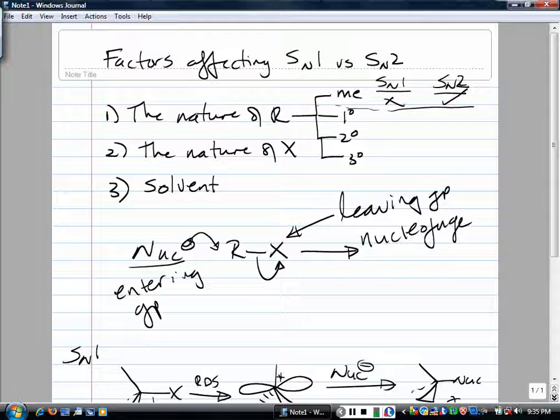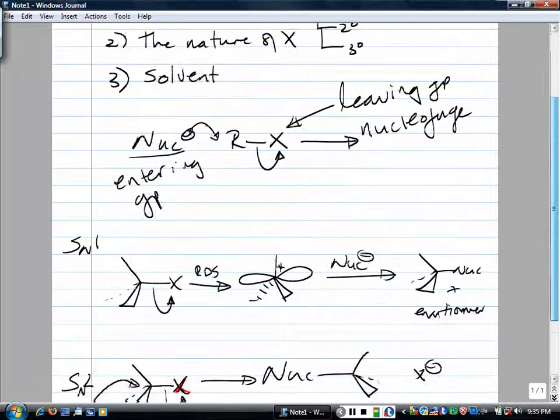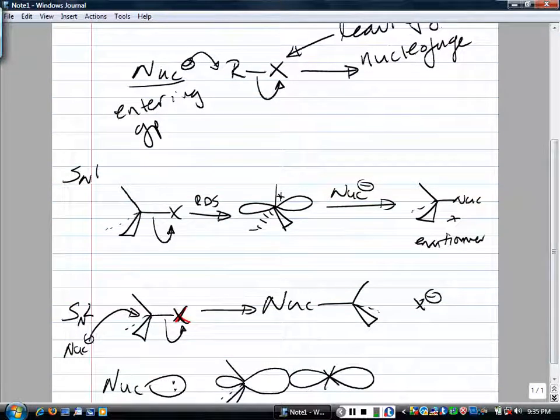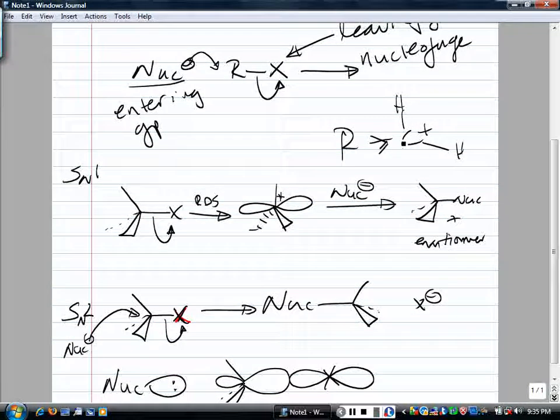What about primary? Well, we know, again, primary carbocations are very unstable. A primary carbocation only has one R group that dumps electrons onto the positive site, and one R group does not provide enough electron density to stabilize the carbocation. So methyl and primary carbocations are inaccessible.